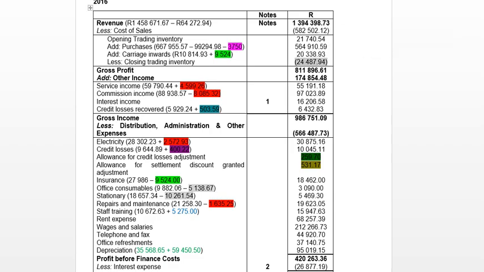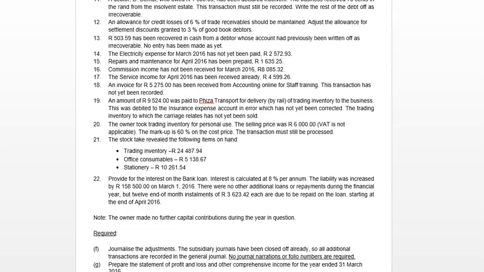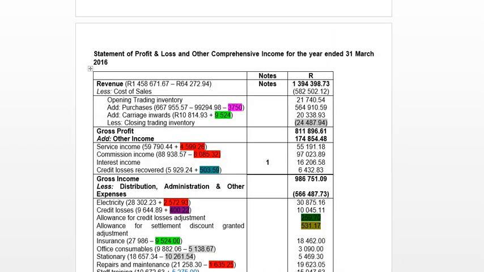And then we just need to take our closing trading inventory balance, and that we get from our additional information. So here we did a stock take, and we found that our trading inventory is 24,487 Rand and 90 cents.